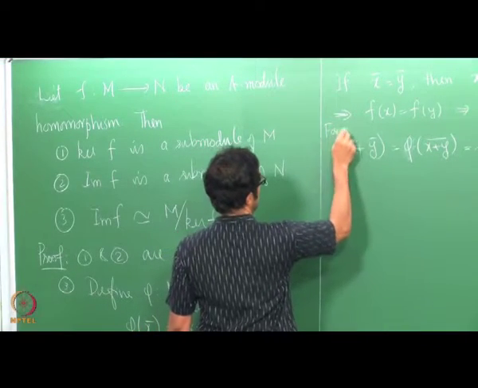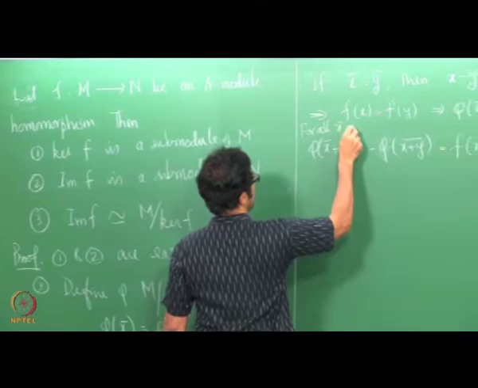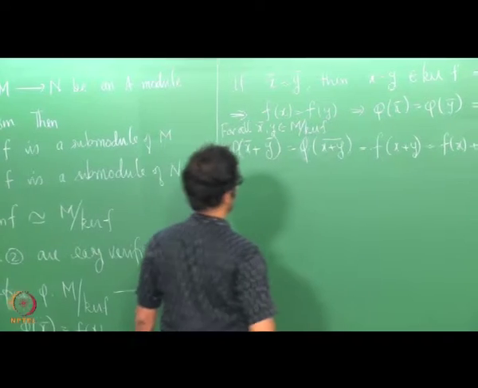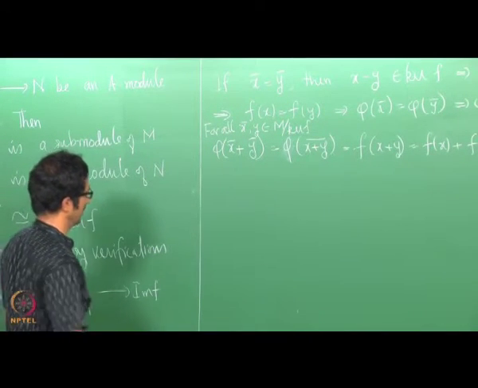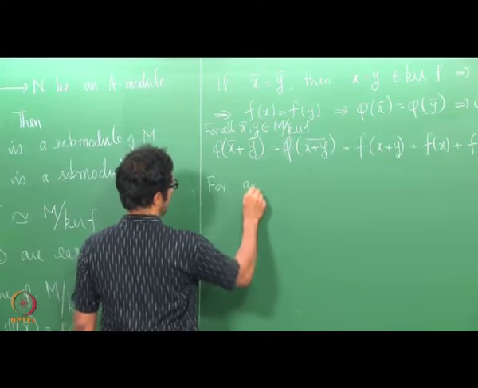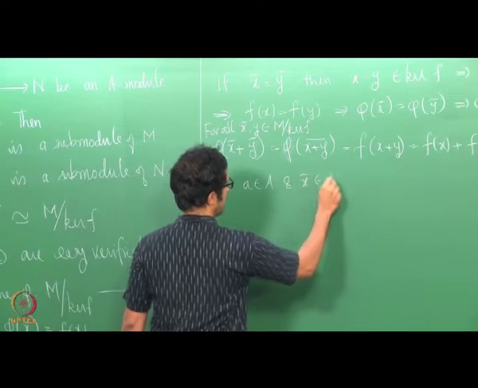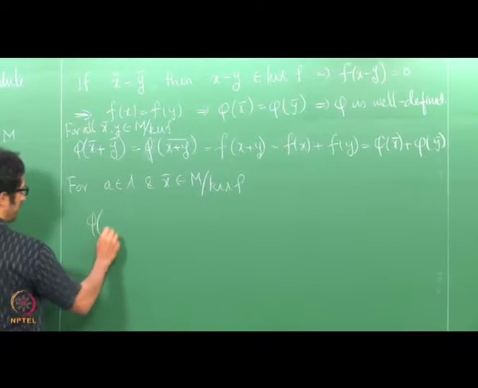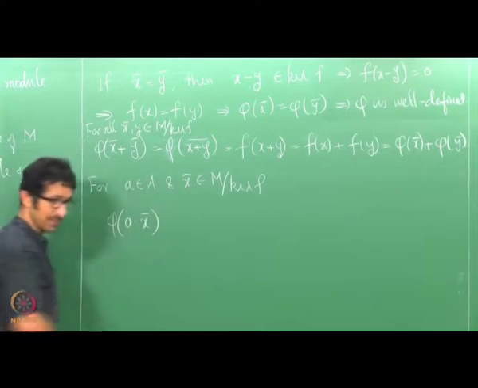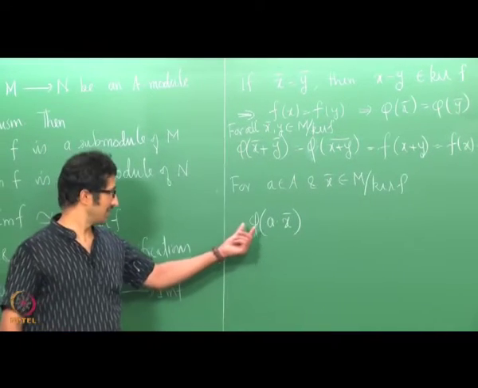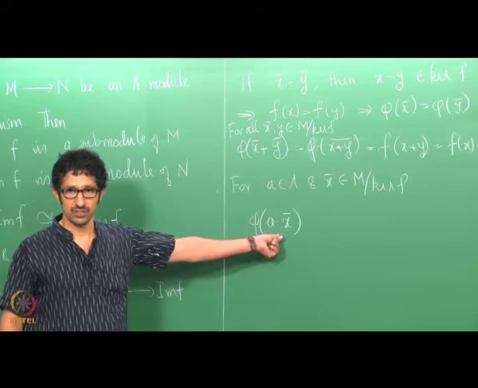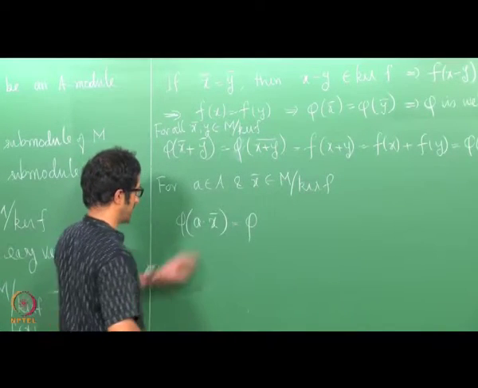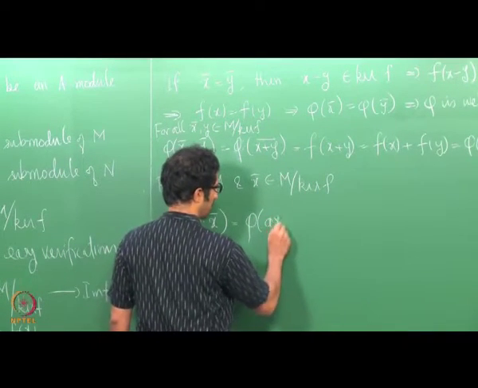So, for all x bar, y bar in M modulo kernel f, and for a in A and x bar in M modulo kernel f, phi of a times x bar, again by definition of scalar multiplication on M mod kernel f, this is same as a x whole bar.